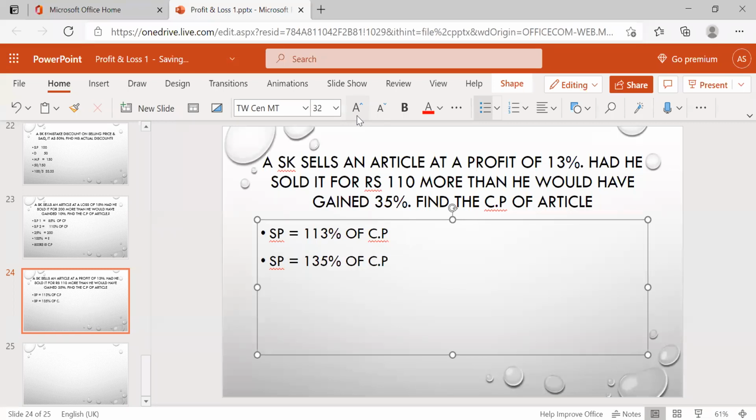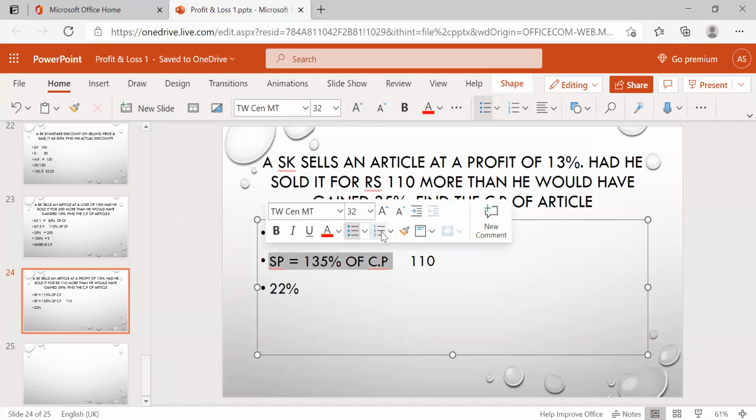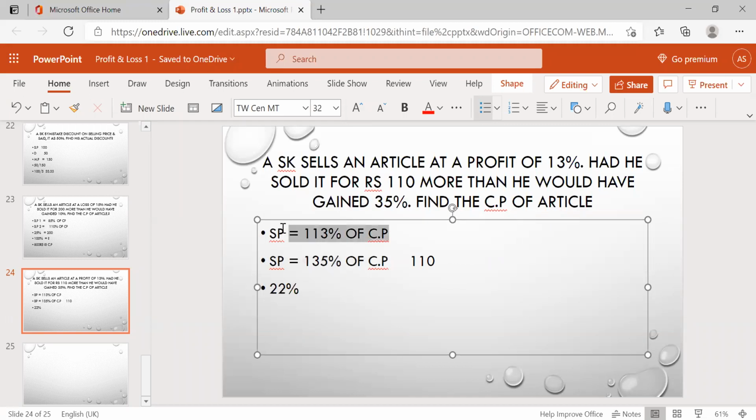When he increased the amount by 110 rupees, what's the difference between these selling prices, 113% and 135%? It is nothing but 22%, right? So 135 minus 113. If you subtract these two selling prices, you will get some percentage.